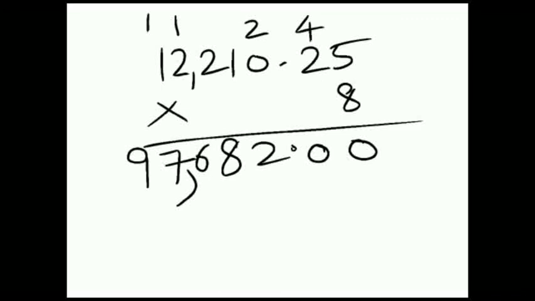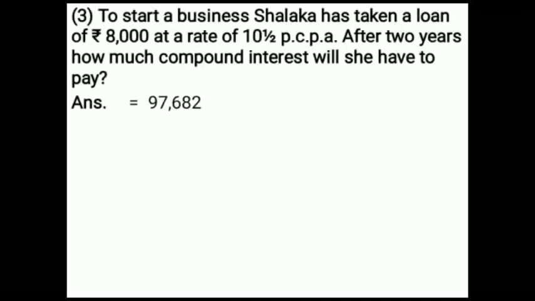That is equal to 97,682 upon 10. If you are dividing any number by 10, before one digit you put the decimal point. So decimal point will come before one digit. That is equal to 9768.2. So that is the amount in compound interest.